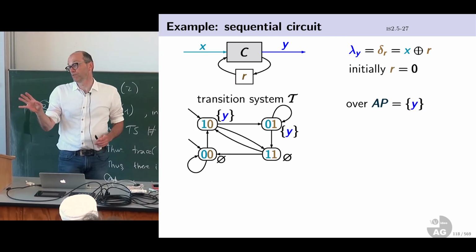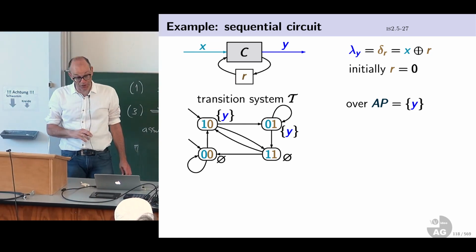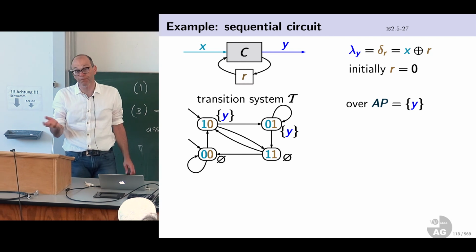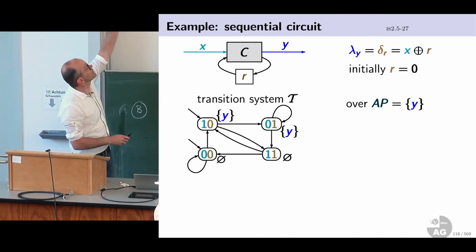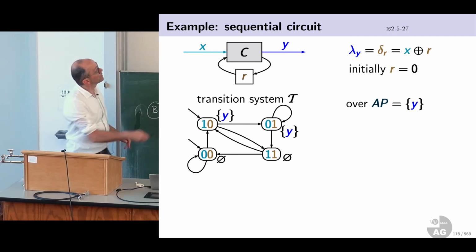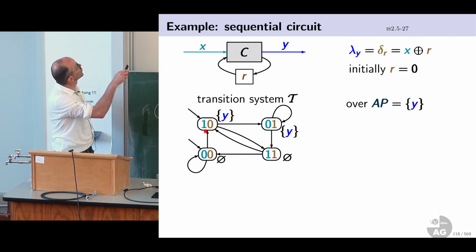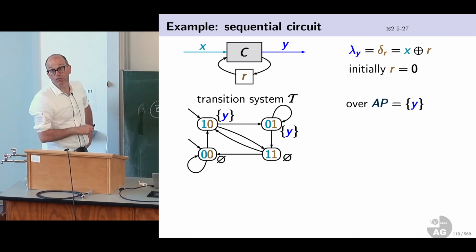We have seen earlier in this lecture series that you can represent the behavior of such a circuit by means of a transition system. So here is a transition system corresponding to this circuit. I'm assuming the set of atomic propositions is just a singleton set Y. Then in those two states Y holds, and in those two states Y doesn't hold.